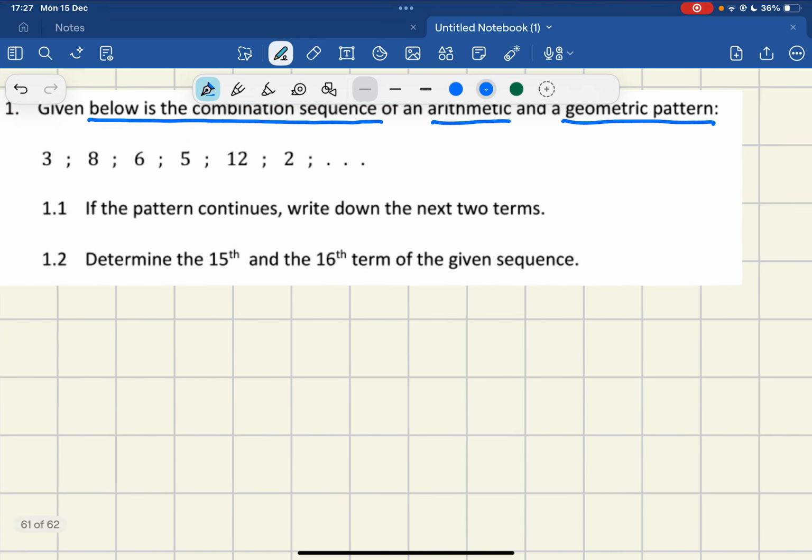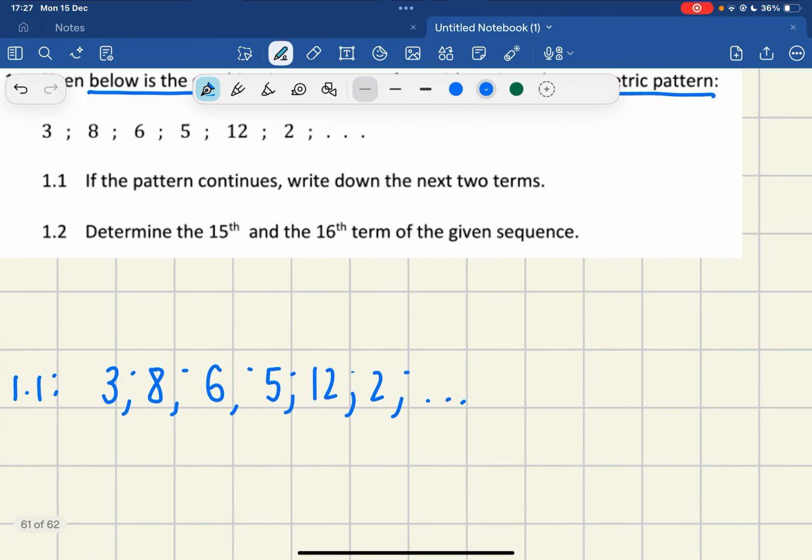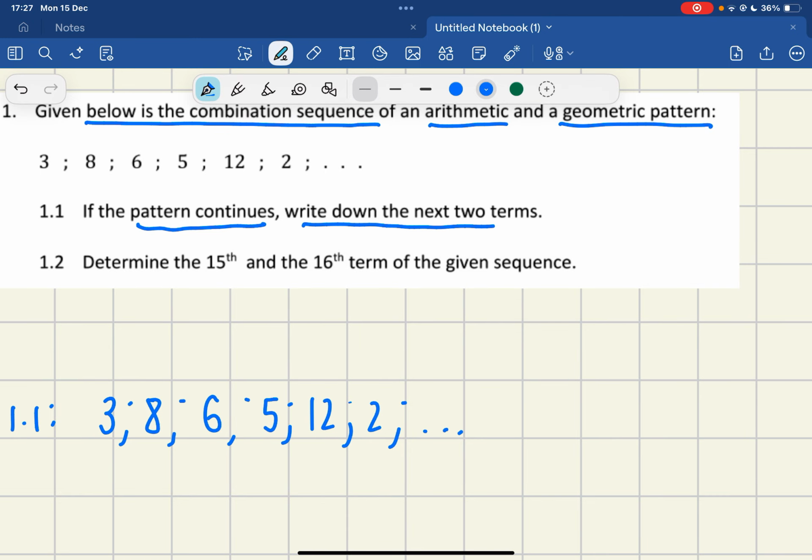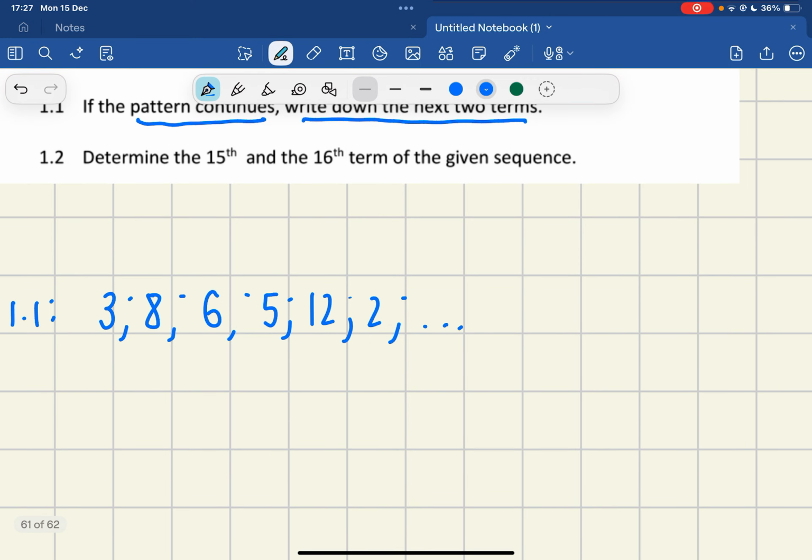Now, boys and girls, question 1.1. Let me quickly write the sequence down. It's given to us, so we don't have to test whether it's arithmetic or not. Question 1.1 states: if the pattern continues, write down the next two terms.